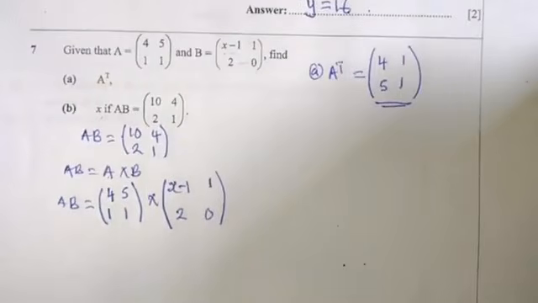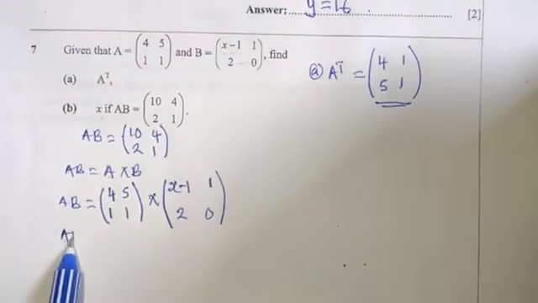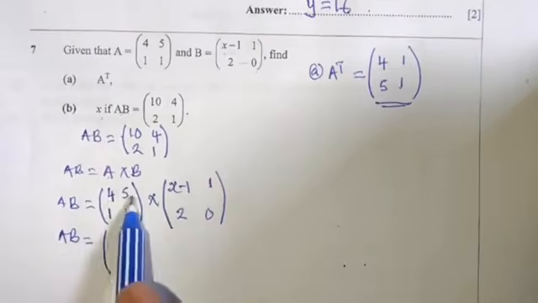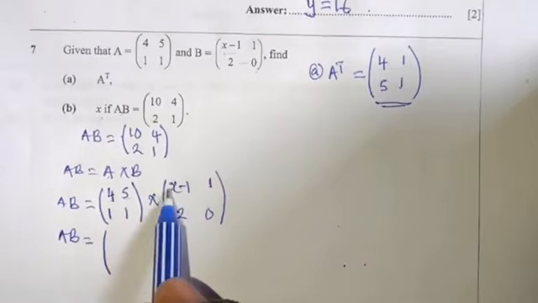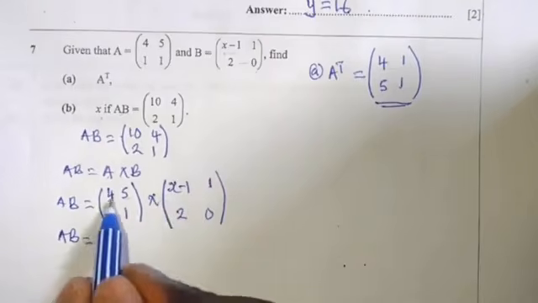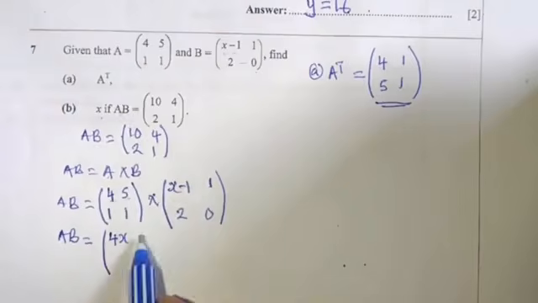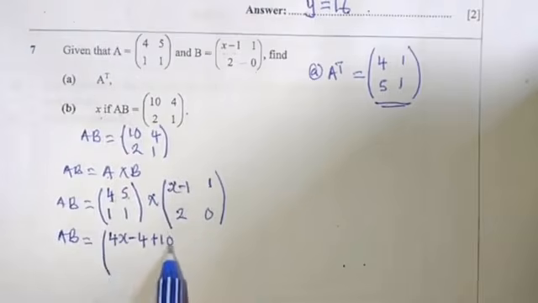So from here, what are you going to do? To get the first entry, we say row by column. So 4 times x is 4x, 4 times minus 1 is minus 4, plus 5 times 2, which is 10. So this is for the first entry.